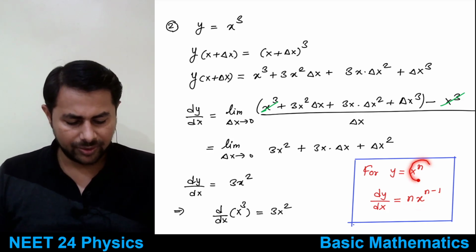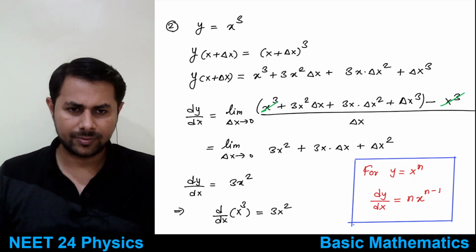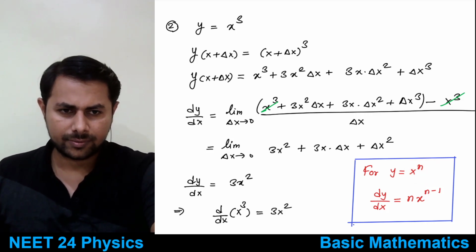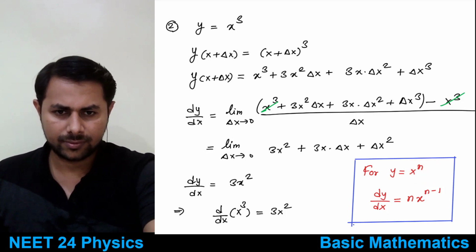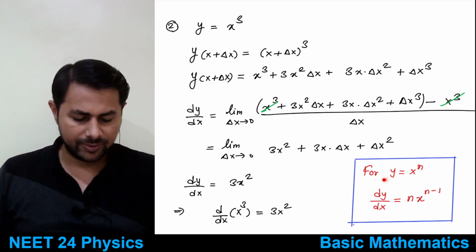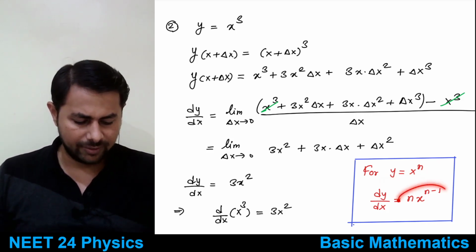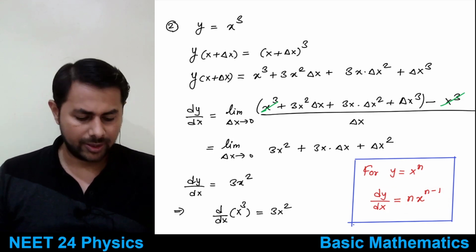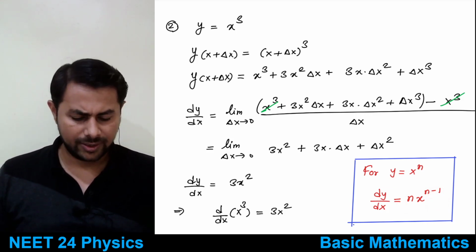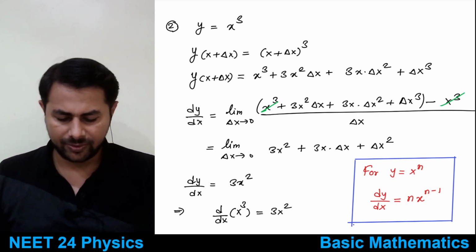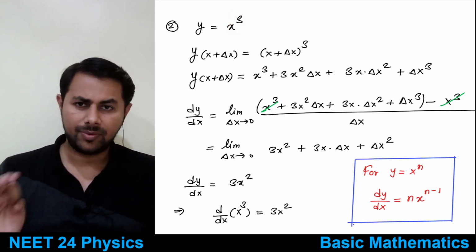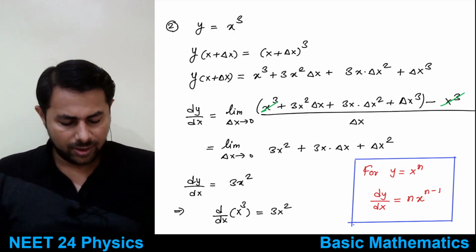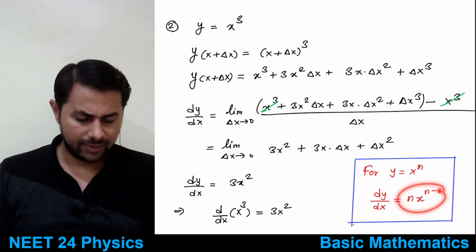If y is equal to x raised to n, its derivative is n x to the power n minus 1, right? So you can check it for y is equal to x cube. So according to this formula, what's the derivative?